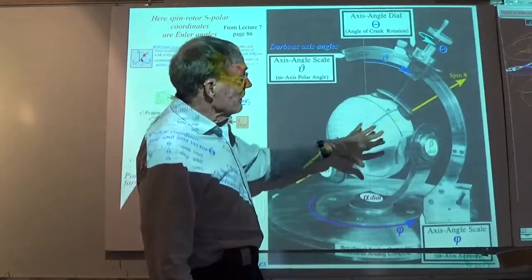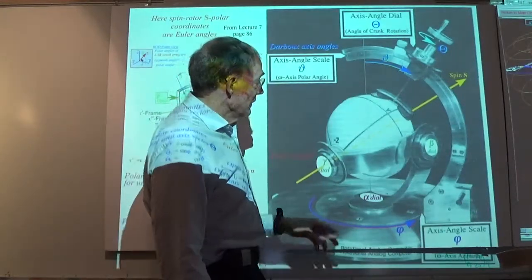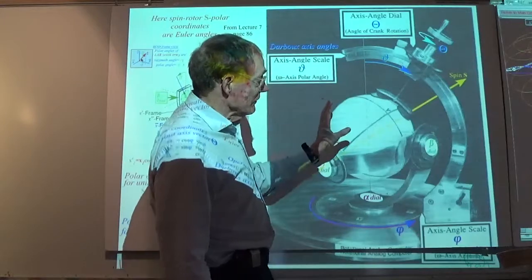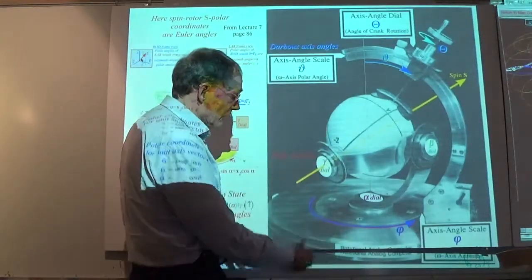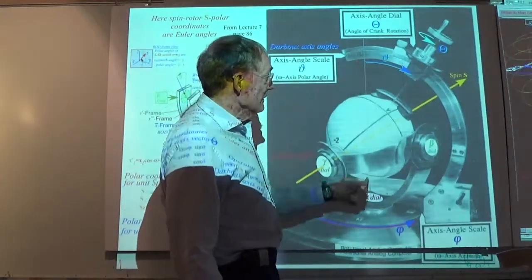And the rotated frame is indicated by the sphere there that has its own x, y, and z axes that are being transformed from the laboratory x, y, and z.